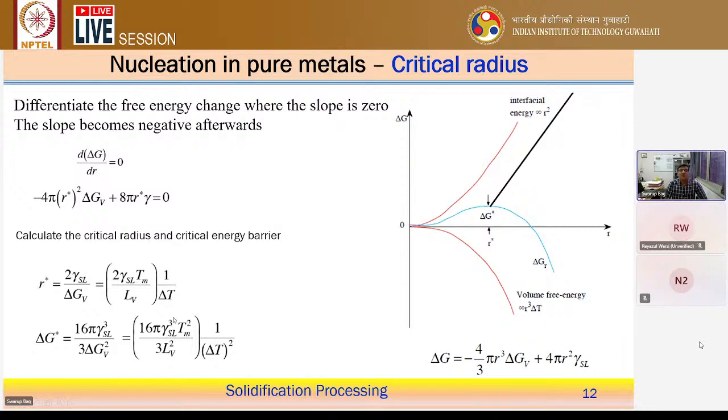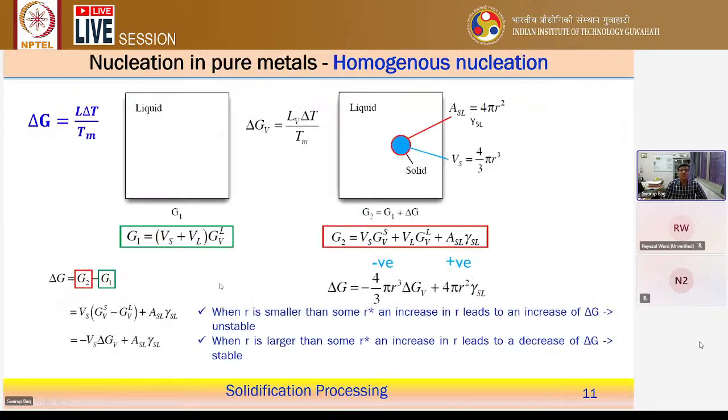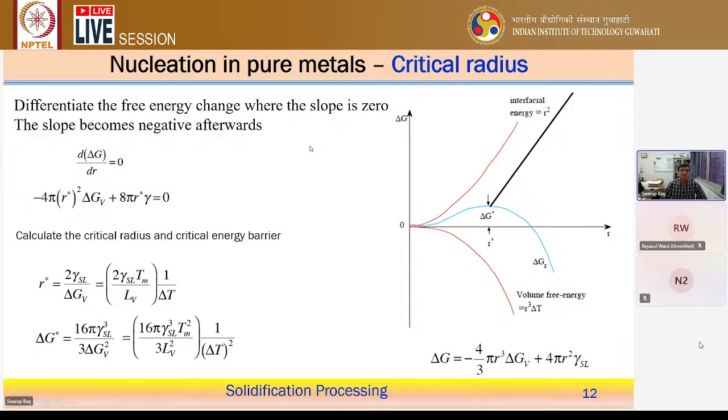In terms of the degree of undercooling, latent heat and melting point temperature, we have already seen that ΔGV, the volume free energy change, corresponds to ΔHV·ΔT/TL. Using this expression we can find the critical size of the nucleus. Similarly, we can calculate the critical energy barrier associated with the homogeneous nucleation process, also in terms of these parameters.